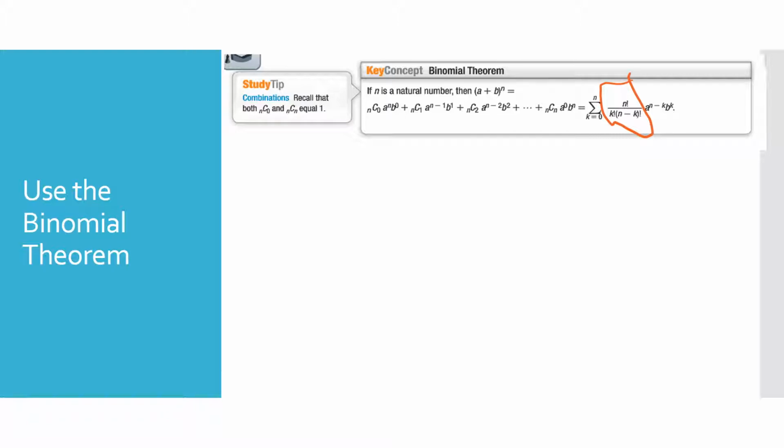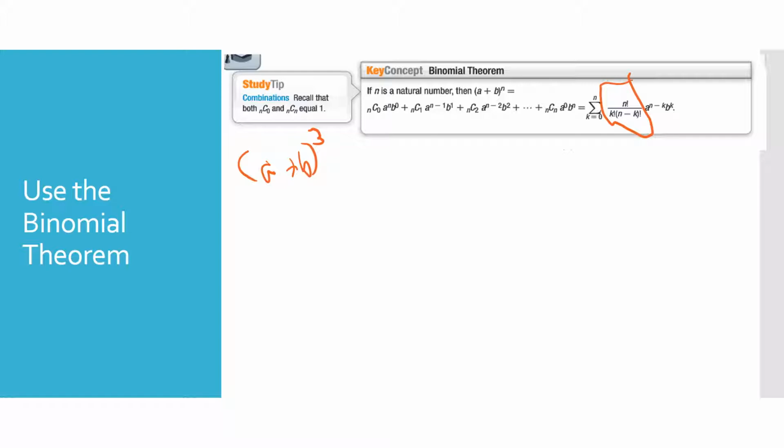But that being the case, we're going to look at this portion of the binomial theorem that allows us to calculate the binomial coefficient. Because it is laborious and difficult to use, in this example, let's say that we've got a binomial a plus b raised to the third power. So in this case, n is equal to 3.